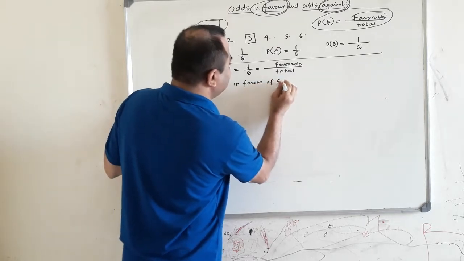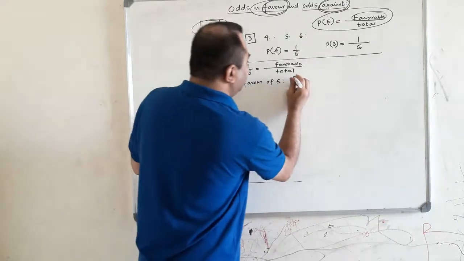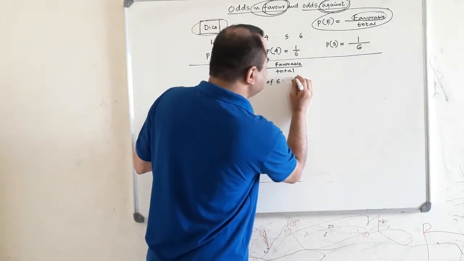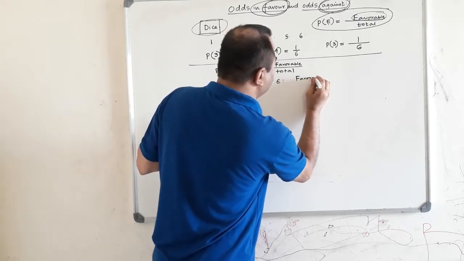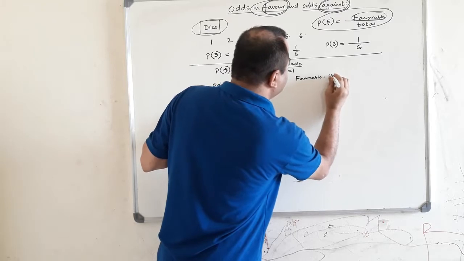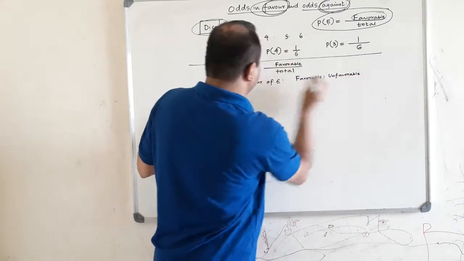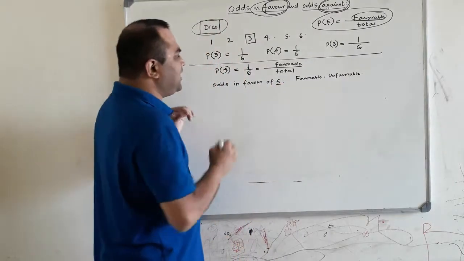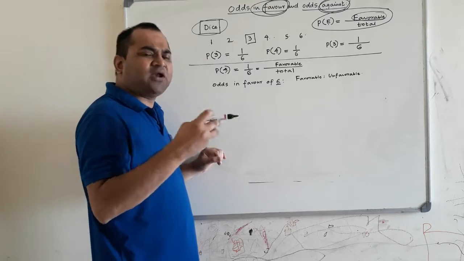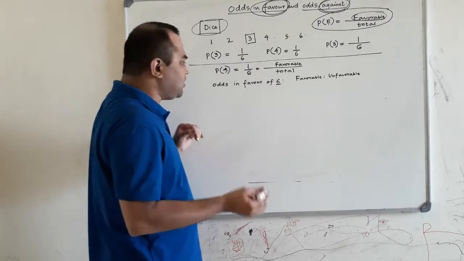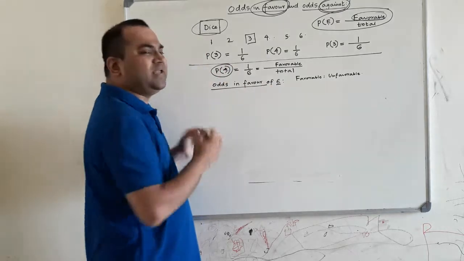Odds is nothing but a ratio, and odds in favor of an event is defined as the ratio having favorable number of outcomes to number of outcomes unfavorable for the particular event E. So let me express the likelihood, the chance of 4 coming up after a dice is tossed, rolled, in terms of odds instead of probability.